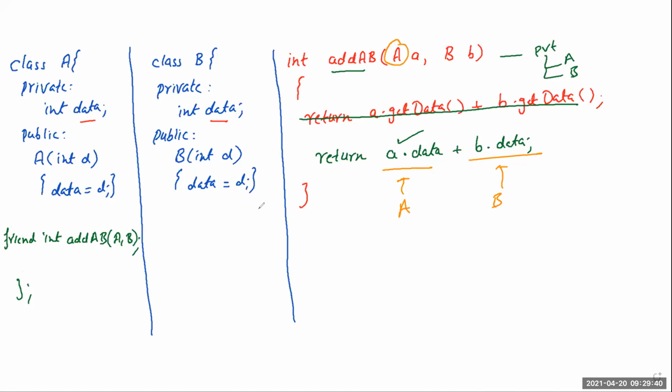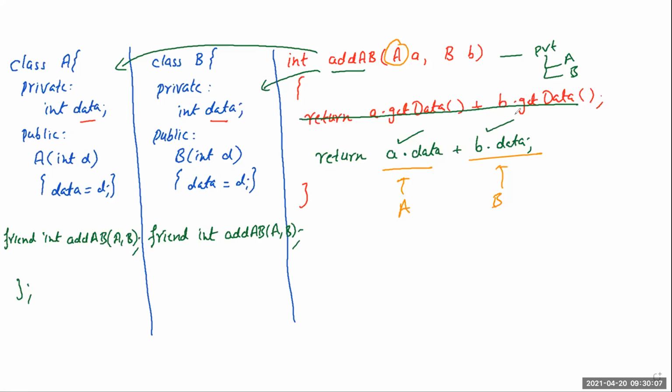So this first part is done. But the second part still remains to be done. So this function should also be, just like A, a friend of class B. So you will write this statement, friend int add AB, A comma B. Okay, so now this is also a legal statement.